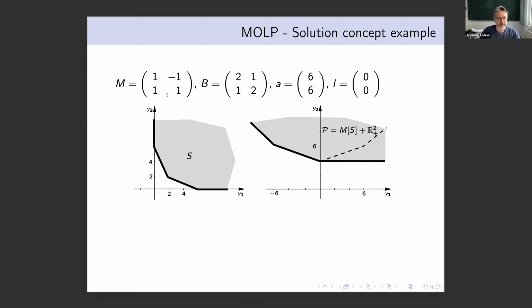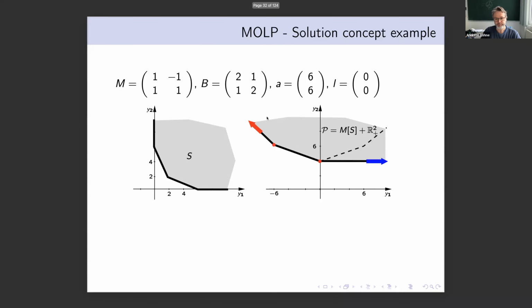And using this mapping here, I obtained the image of the feasible set, the set which is bordered by this dashed line here, M of S. So the objective mapping is a rotation by 45 degrees and a scaling. And then I add the ordering cone, which is the R2 plus here, and I obtain the upper image, which is this set here. So what we want to obtain, roughly speaking, is the V representation of this upper image.